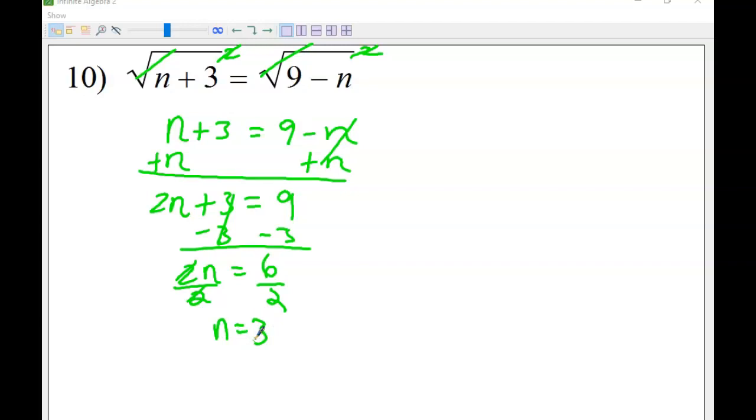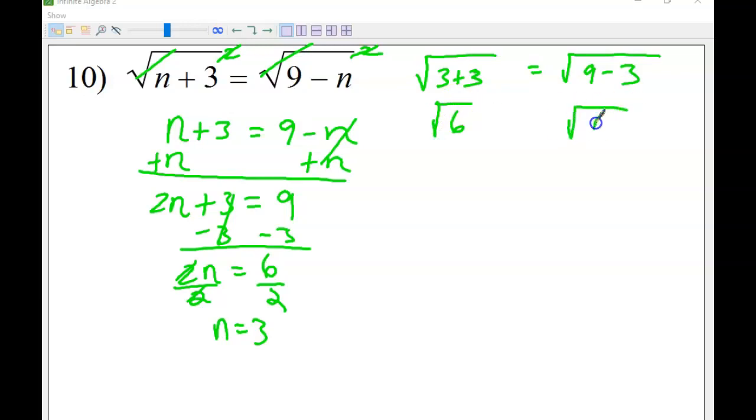And once again, you want to plug that in up here to make sure it doesn't make the radicands negative. So if I plug in 3 for n on both sides here, here I get 6, here I get 6. Neither one of those are negative, so that's a good situation, and that means that is in fact a good answer.